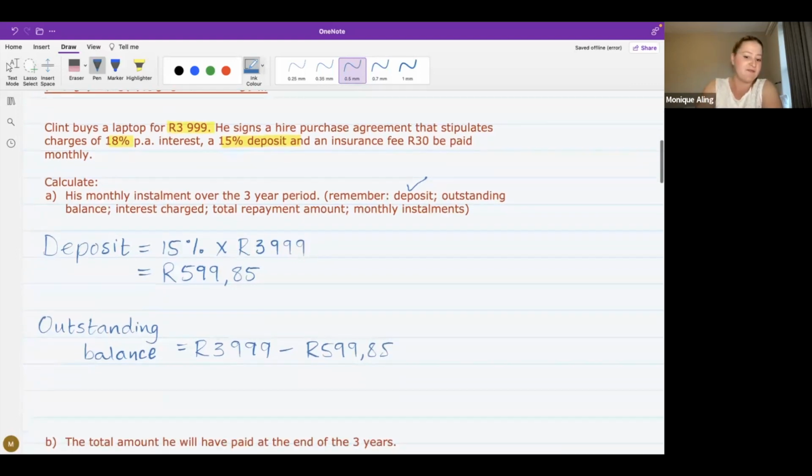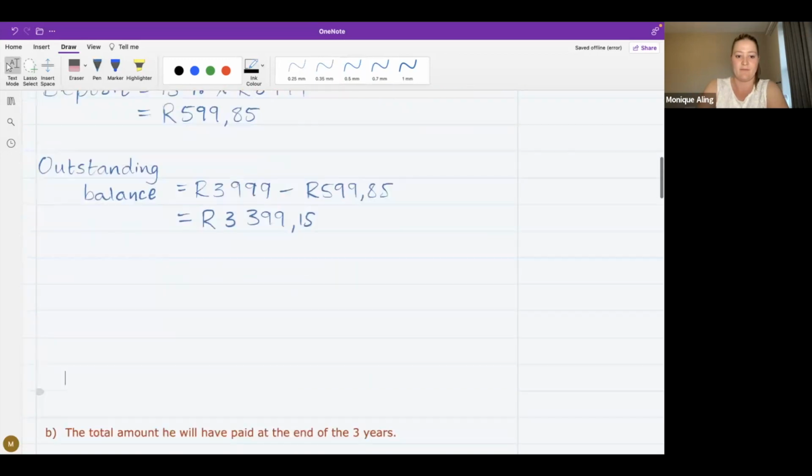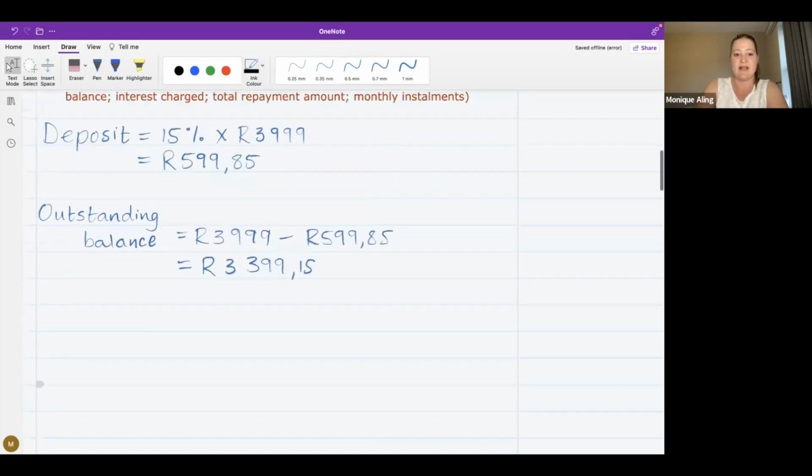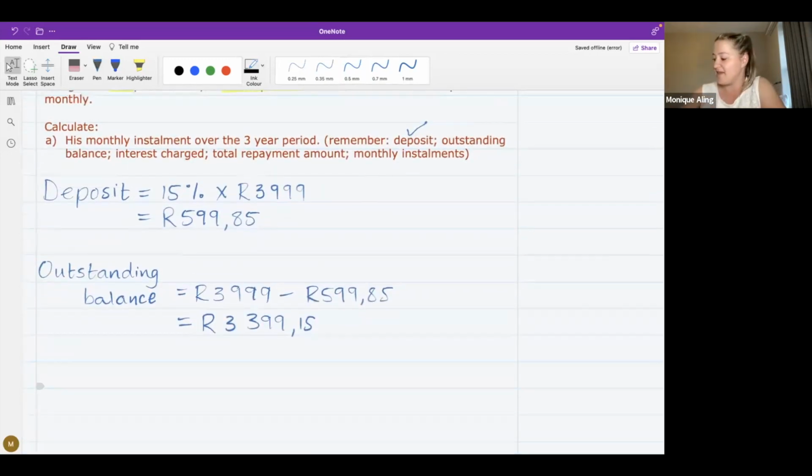He owes less 599 Rand, 85 cents. So that means he still owes 3,399 Rand and 15 cents. Okay, so we have done the outstanding balance.